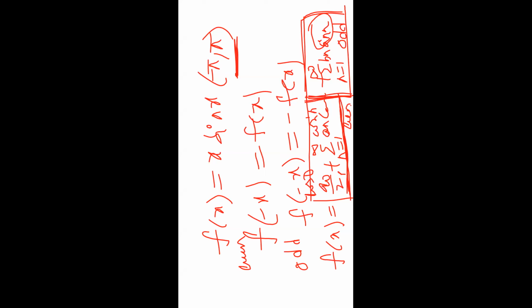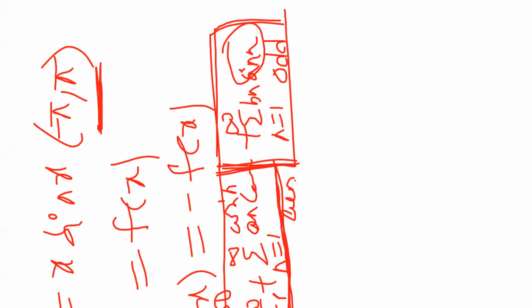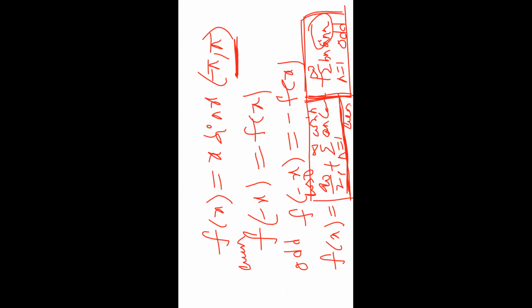Okay, so if f of x is even, we have to calculate two values. In the full range, the methods are only Euler's and change of interval. In the last two classes, I explained those two methods.